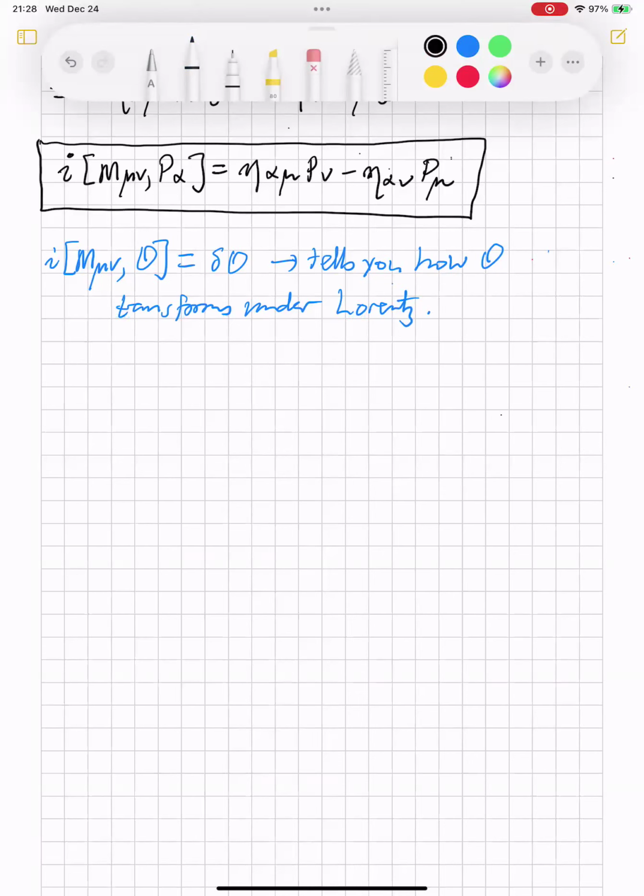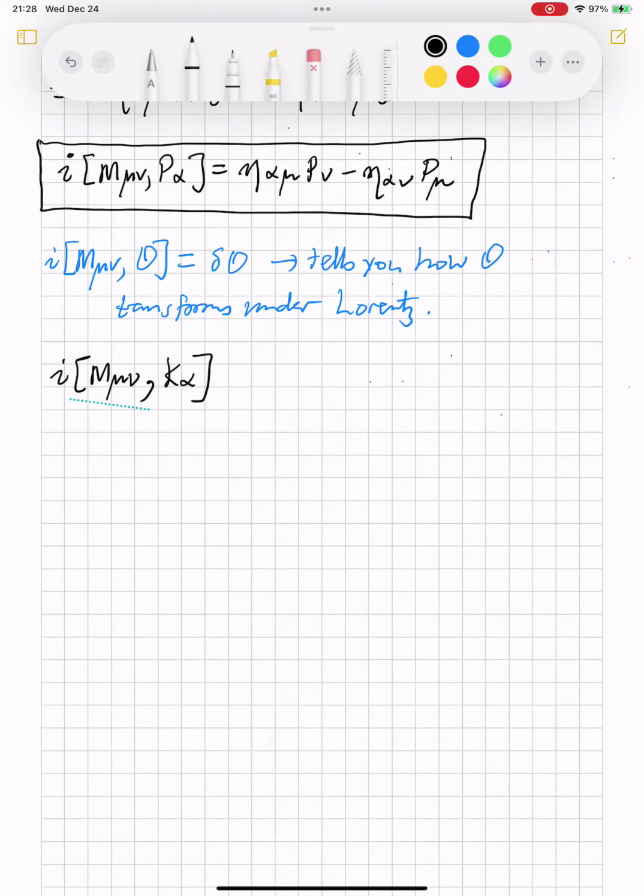P alpha is a D vector. It transforms as a vector in D-dimensional space-time. So if, for example, we were in four-dimensional space-time, then P alpha would be a four vector. But if we take a look at i M mu nu, and now we act on K alpha, well, we know that K alpha is also a D vector.